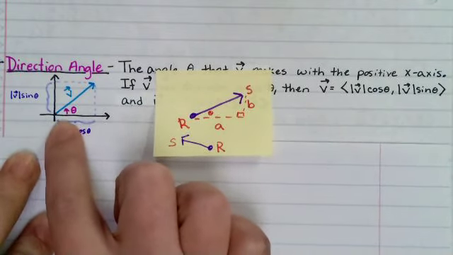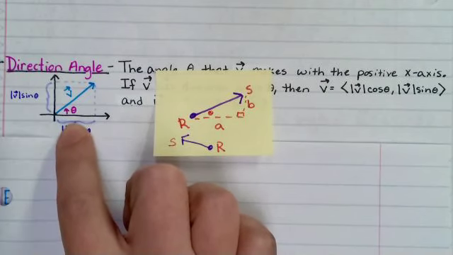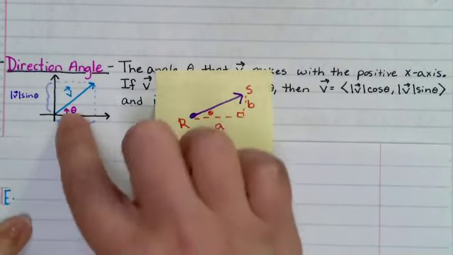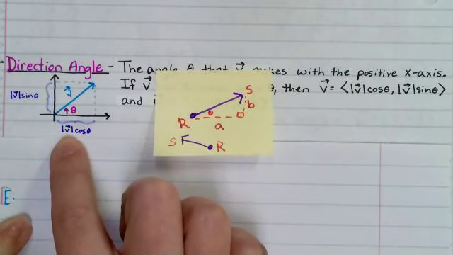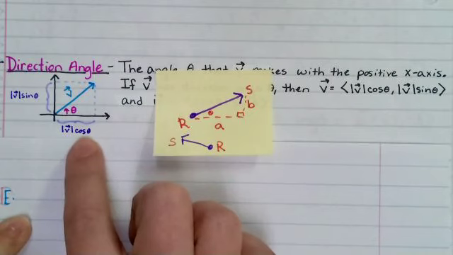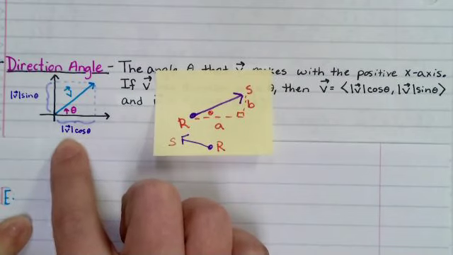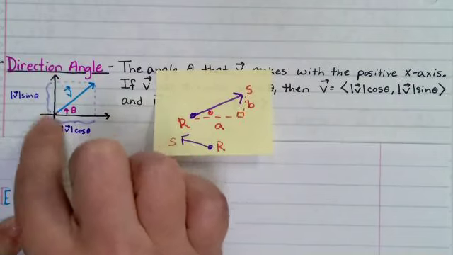Remember how in trig we did the r cosine theta type of thing? r, in this case, is the length of this vector. That's the magnitude. So think of it compared to r cosine theta. This is the magnitude of V, which is like the r. Cosine theta is talking about this distance. And then the same logic applies to get this one right here.